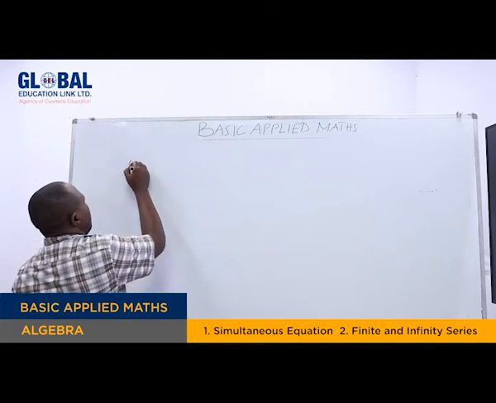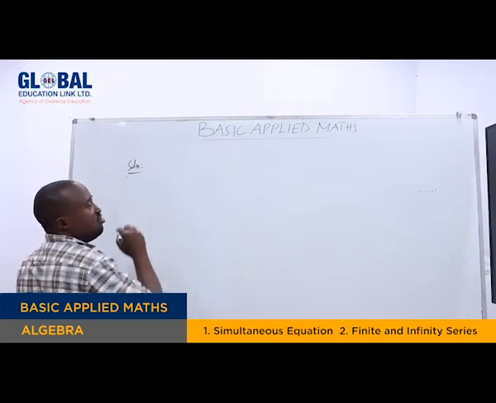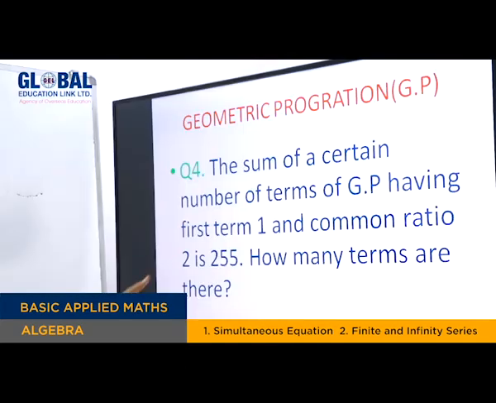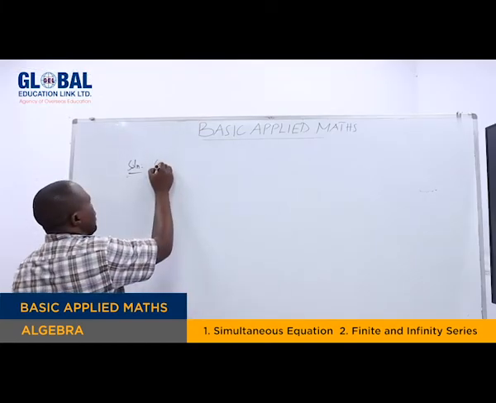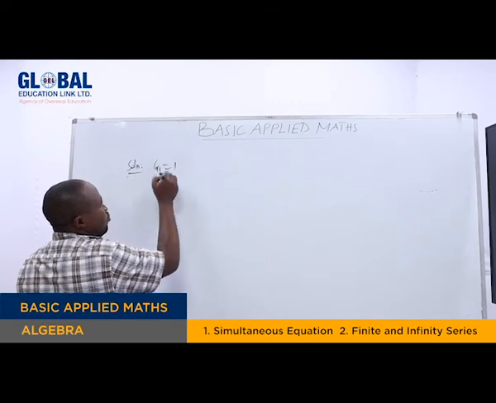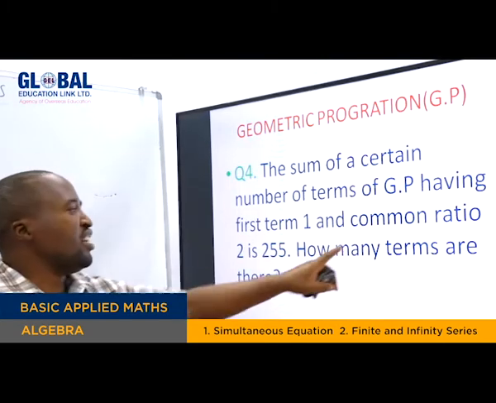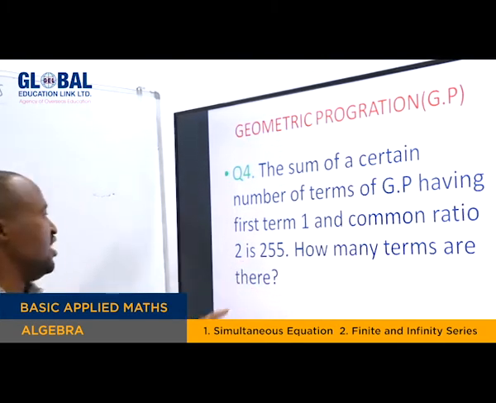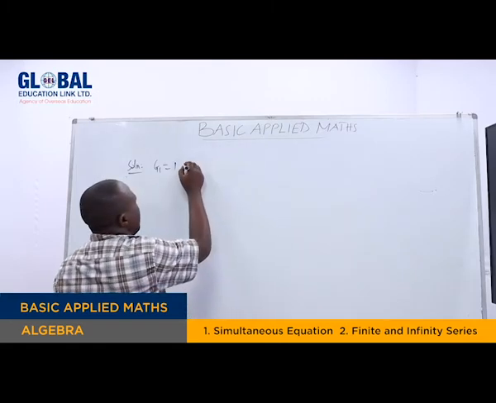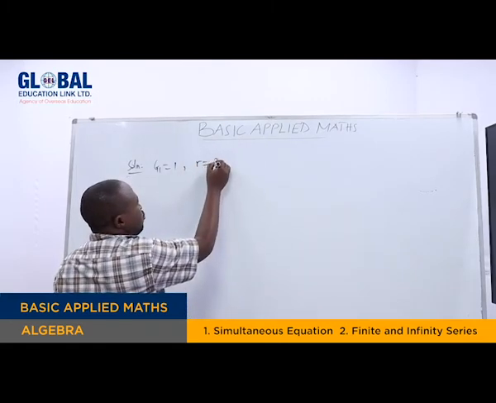Solution: we have been given the first term of the geometric progression, G1, which is equal to 1. And again, we have been given the common ratio, so R is equal to 2.